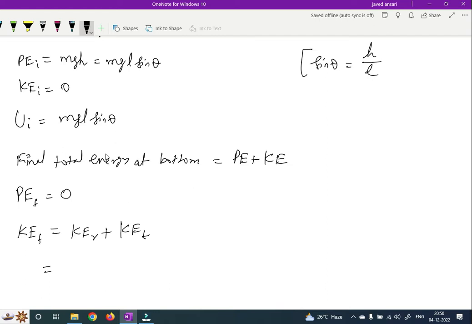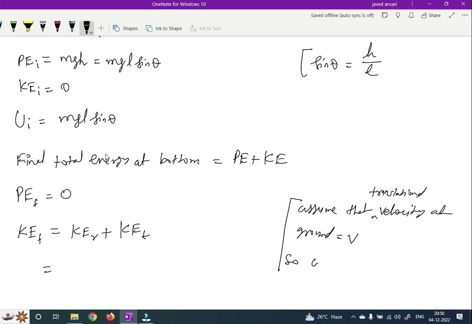Assume that the final velocity when it reaches the ground, the translational or linear velocity at the ground, is equal to v. So the rotational velocity omega will become how much? v by R, you know.